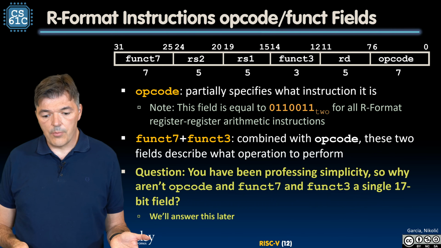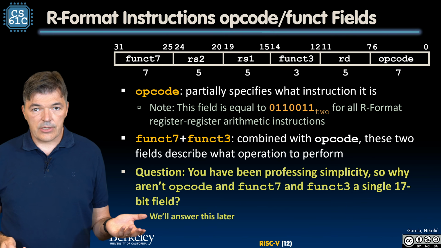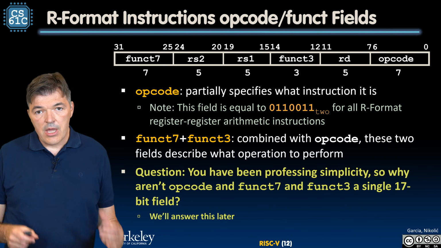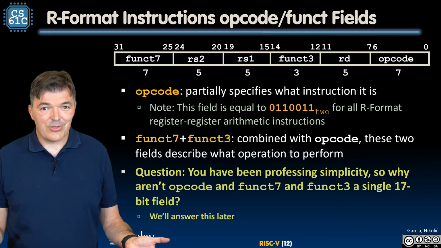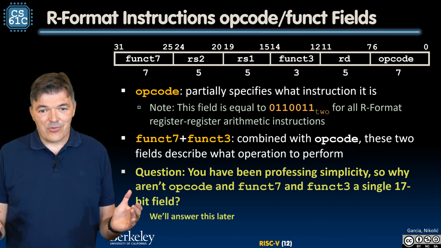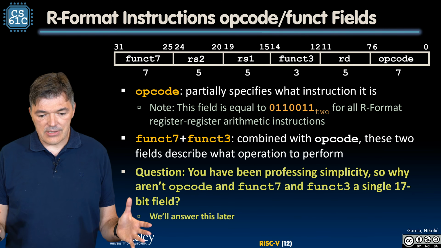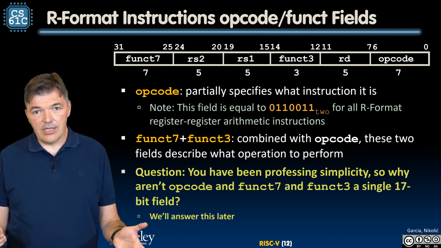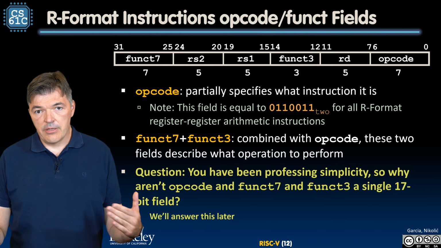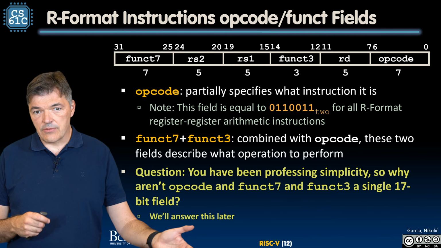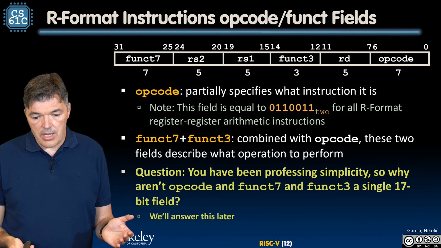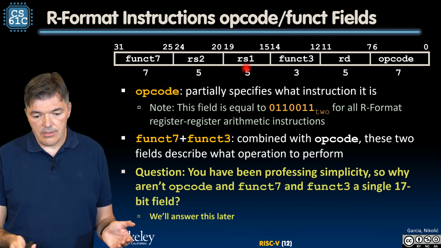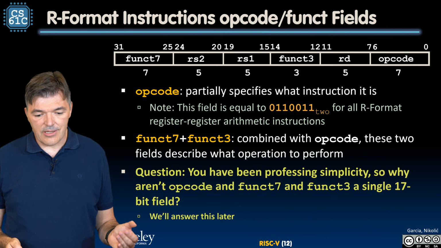Let's take a look a bit more. What are these opcode, func3 and func7 fields? Those are the ones that specify what kind of instruction we want to execute. So opcode, func3 and func7 are going to tell us whether we want to do add, subtract, shift left, or XOR, and so on. And these are going to be the registers that we are targeting.